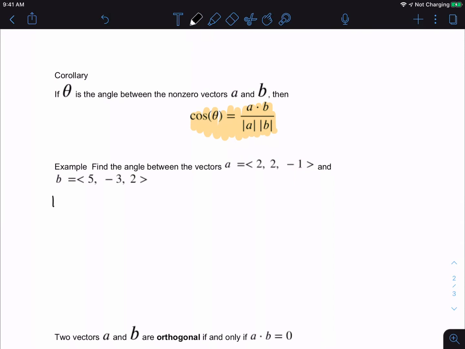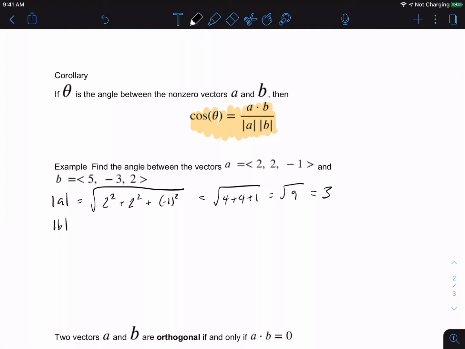So if I want to find the magnitude of vector A, it's going to be the square root of 2 squared plus 2 squared plus a negative 1 squared. And that's going to give me the square root of 4 plus 4 plus 1, which will give me the square root of 9, which is in fact 3.